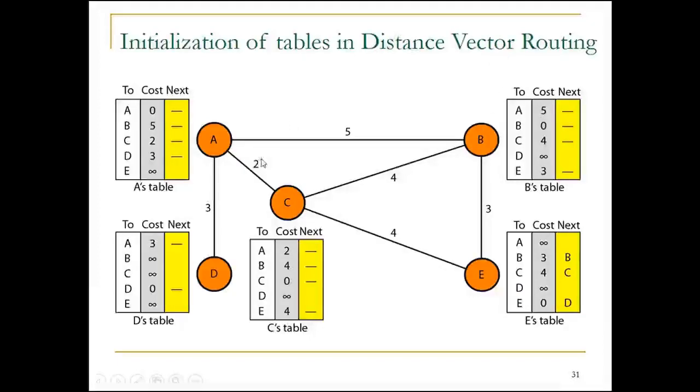But with distance vector, you're going to notice a number of differences in terms of how the routing tables are built by the various nodes. And once again, our main focus here is for each node to only understand the link states of its neighbors, not the entire network.